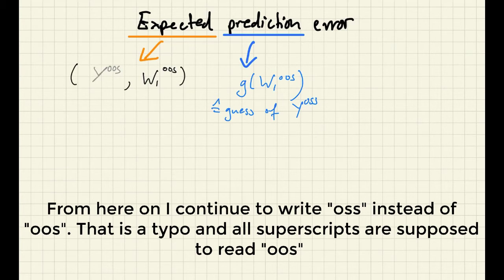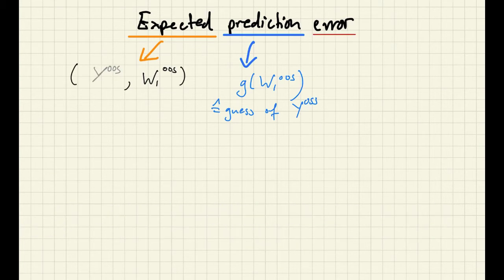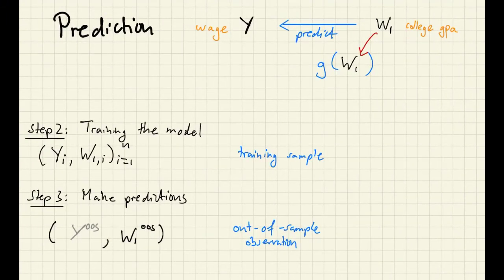Now let's move on to the last word, error. When we make a prediction, we can be a little off. This happens if our prediction is not exactly equal to y.